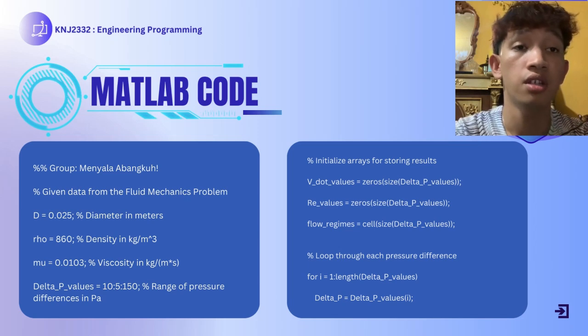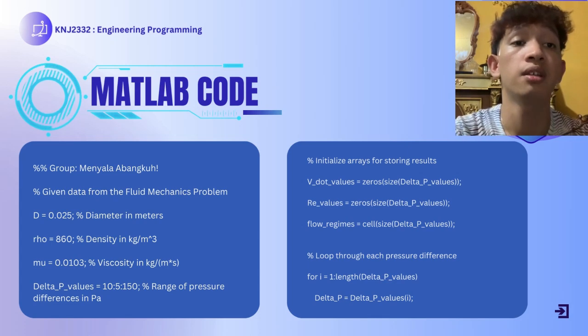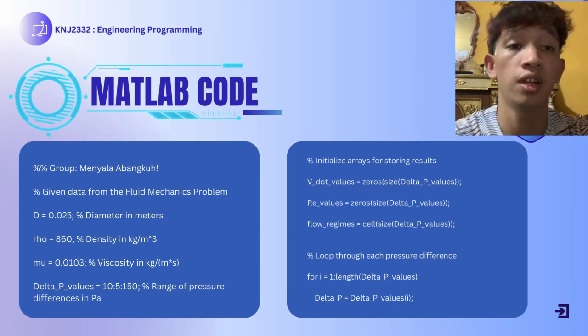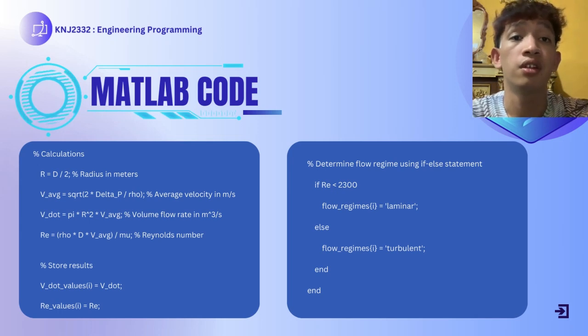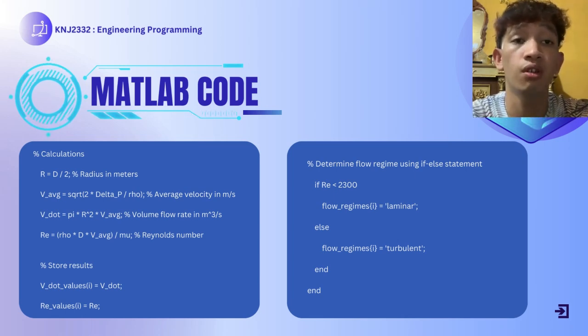For V dot values, Re values, and flow regime, and then I loop through each pressure difference, for delta P equal to delta P values. Next is the calculation. Radius is D over 2. For average velocity, I use the square root of 2 times delta P over rho.